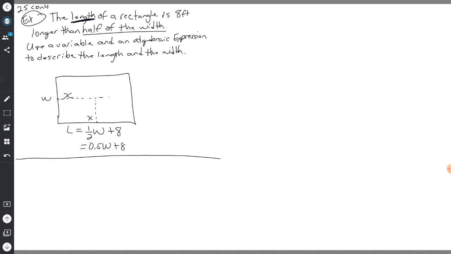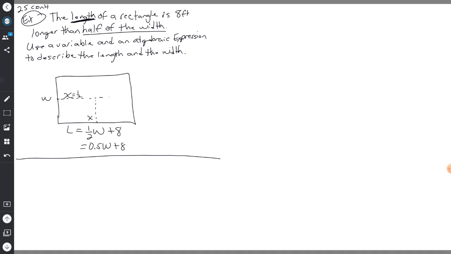I think I understand how you're trying to figure it out. So the w would represent the number, and x is representing the half.